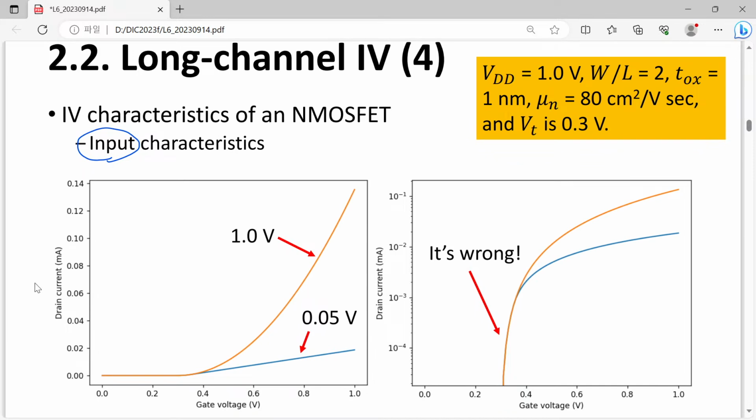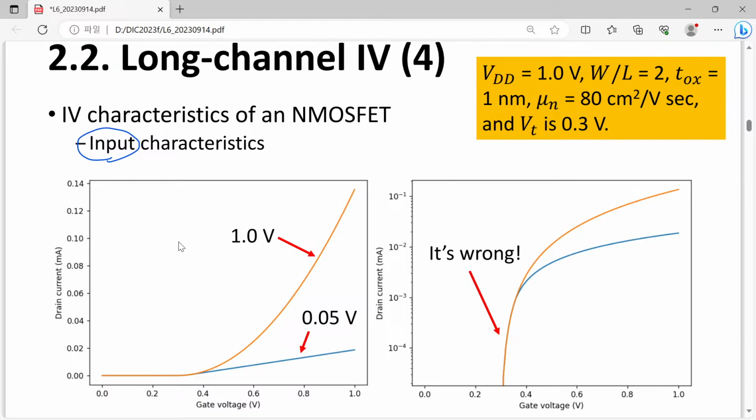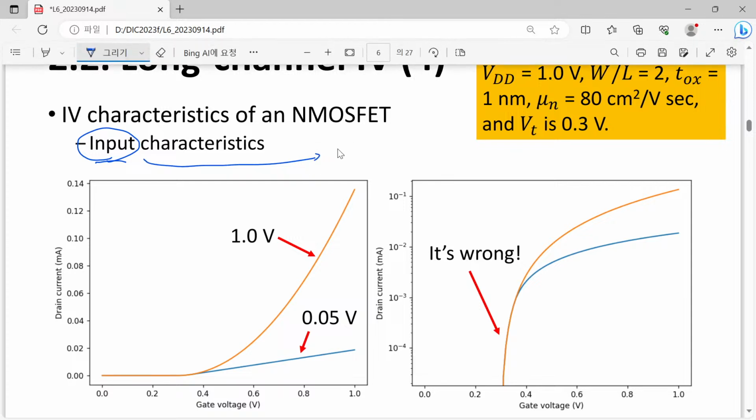Device engineers always draw these two types of graphs. One is the so-called input characteristics. Why do we call it input? Because in the case of a MOSFET, the gate is treated as the input terminal and the drain is treated as the output terminal.